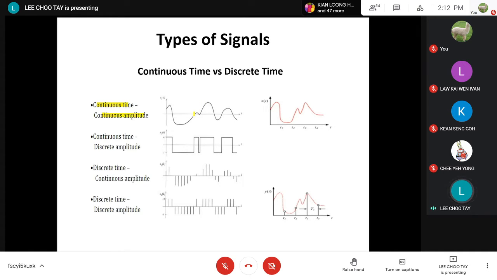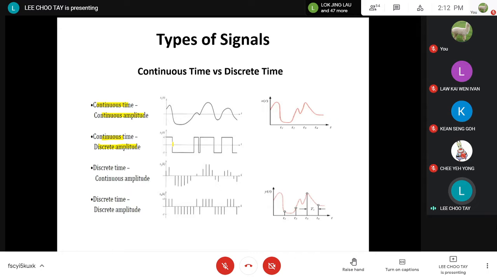So that is a continuous time and continuous amplitude signal. The second type of signal here is the continuous time and discrete amplitude. Continuous time means the signal exists for the entire duration of the time, and the value will change.